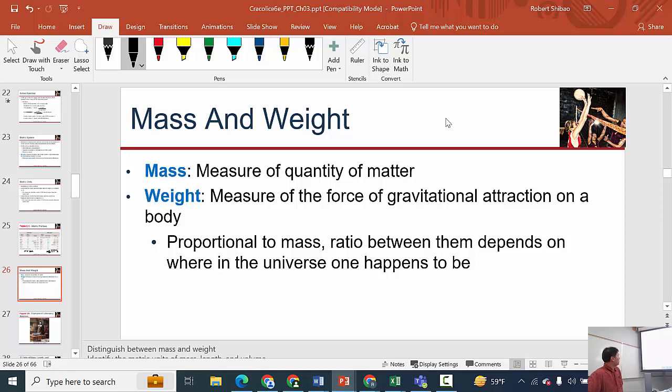All right. Do you know the difference between mass and weight? Weight is affected by gravity. Yes, mass is never affected by gravity. And in chemistry, we don't really care because we're not traveling to other planets or doing anything like that, so the gravitational pull is going to be pretty much constant.